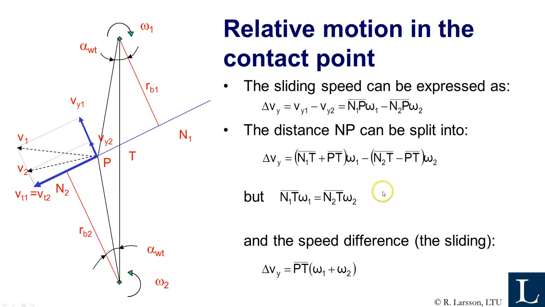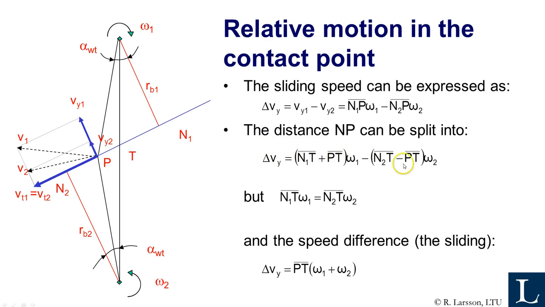And since these two distances are multiplied by, in this point, which is called the pitch point, there is rolling motion, and for that reason, when p is here, so that means that pt is 0, we know that delta v should be 0.